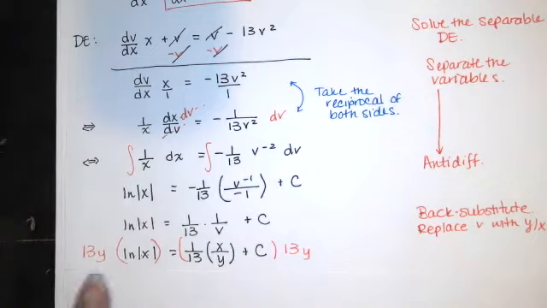So we have 13y times the natural log of the absolute value of x on one side. Equals, we had this 1/13 times x over y plus c.